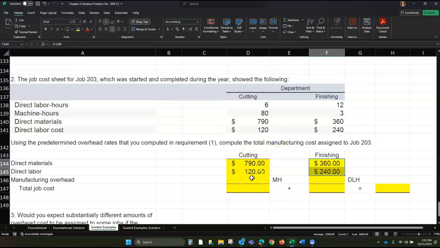Over in the cutting department, what's our allocation driver? Machine hours. Okay.